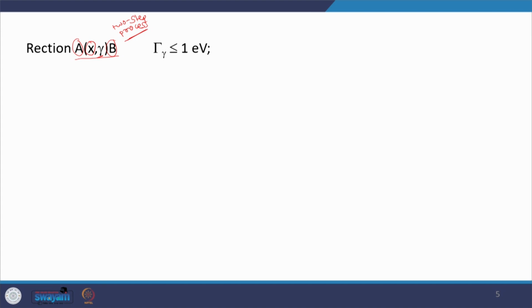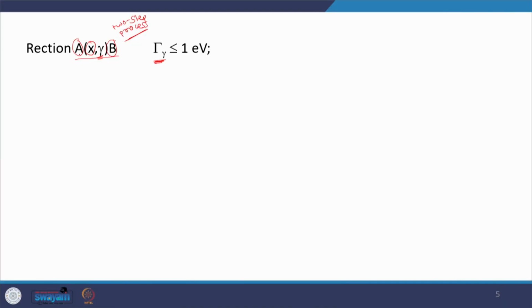If this radiative capture reaction happens in two steps, formation and decay width terms, then in general the decay width, that is the gamma decay width, because we are assuming this as a radiative capture reaction, is very small, sometimes of the order of 1 electron volt or less than 1 electron volt. This very small value of the gamma decay partial width is going to play a very important role. Please pay attention to this topic. I want your special attention to this particular discussion.